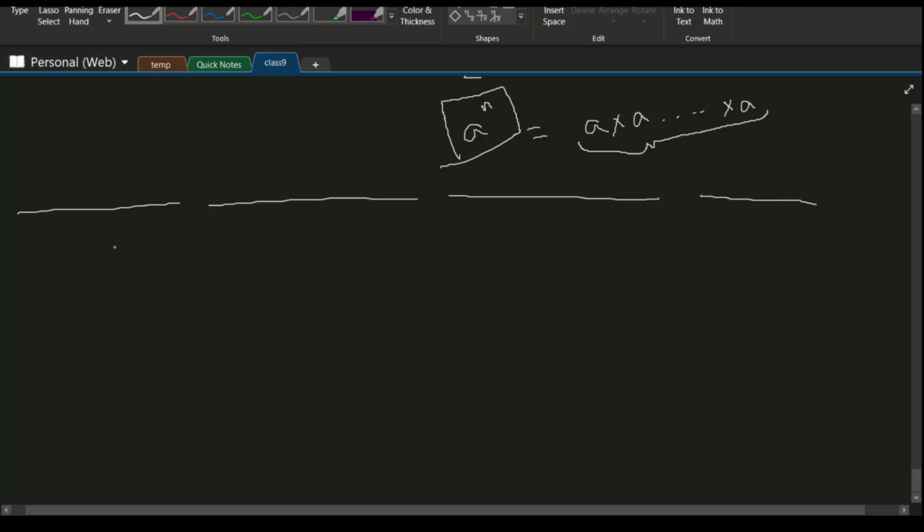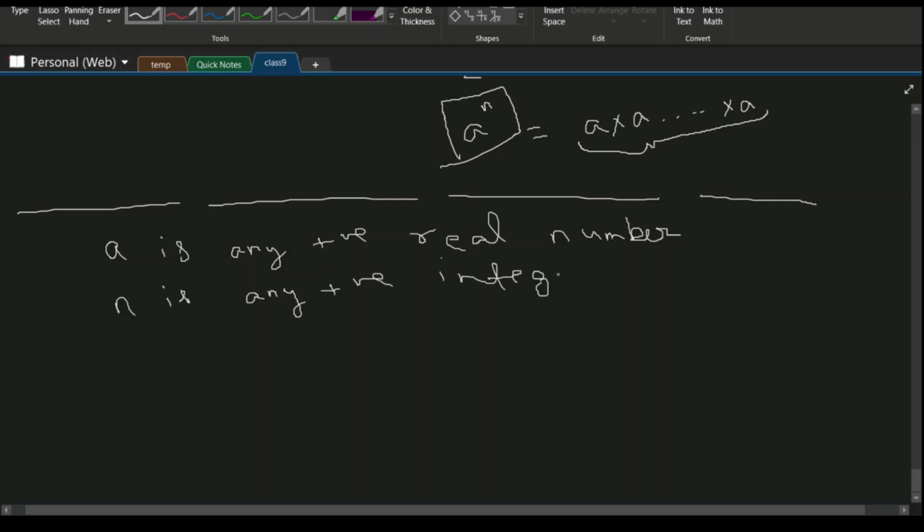So let's start with a is any positive real number and n is any positive integer.